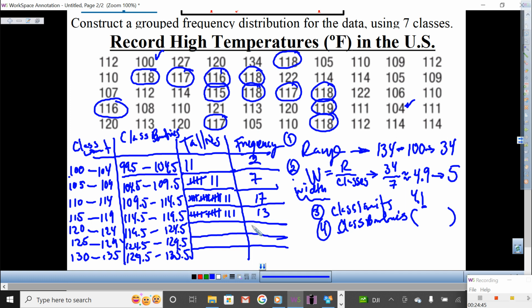Am I missing any? From 15 to 19, no? You good? All right, pass someone.